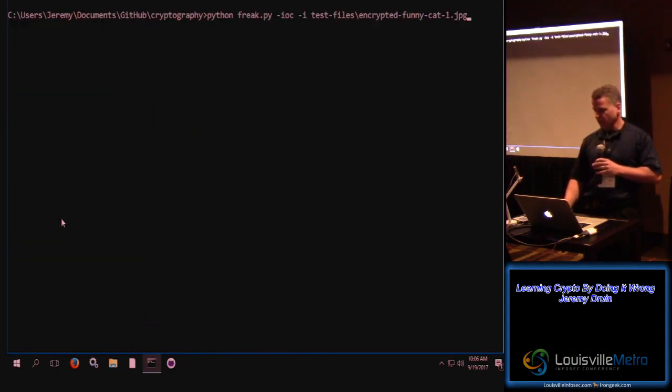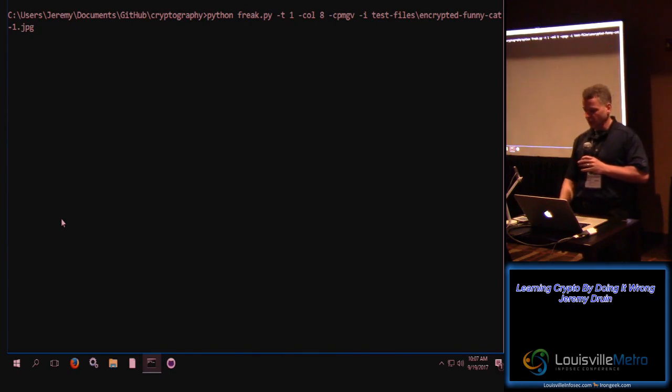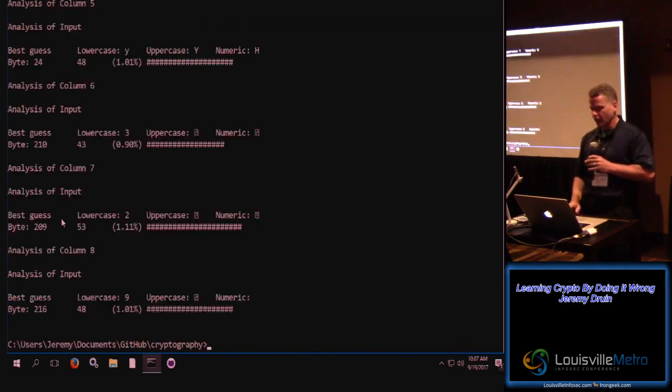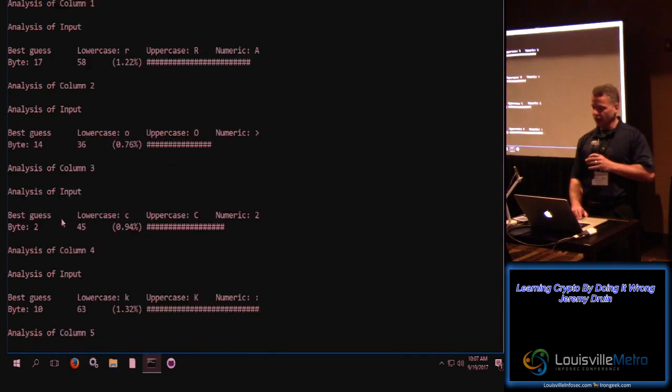So we'll run another command, which breaks it up into columns of 8. I had to learn the index of coincidence first, and then bring that number back in here, plug in 8, and give the computer the file. When I run this analysis, it works on one column at a time, like we said.